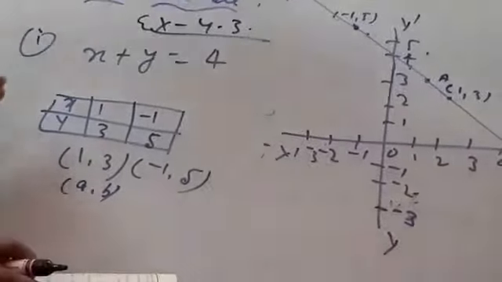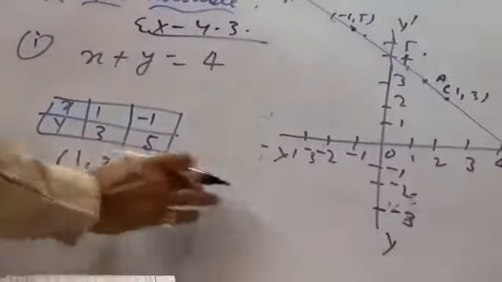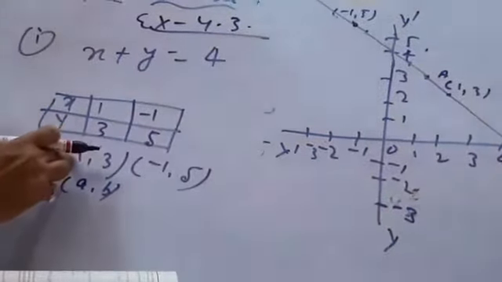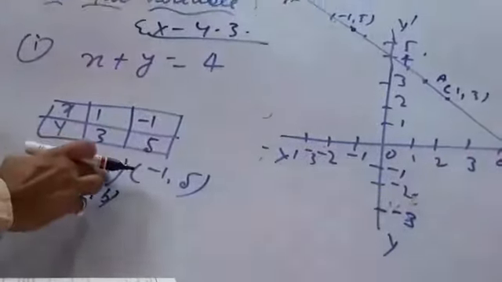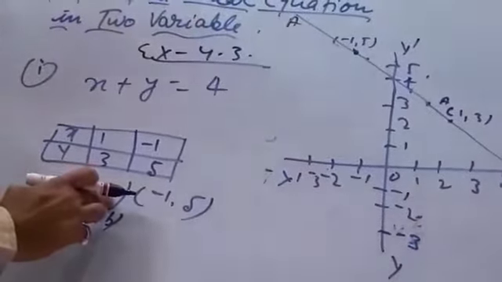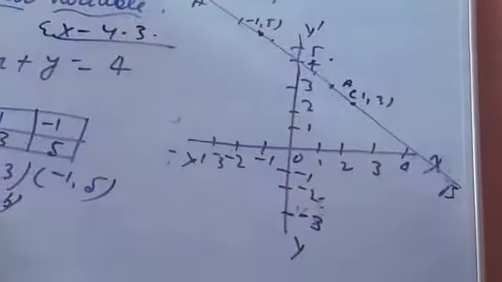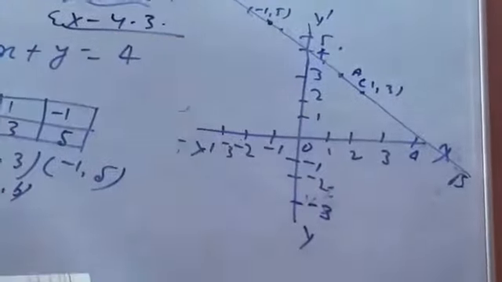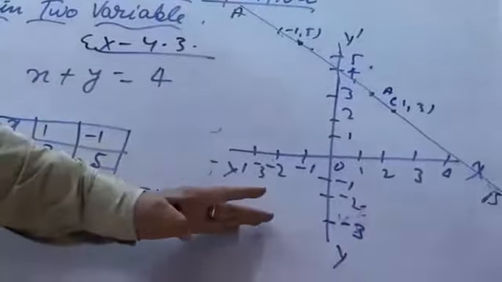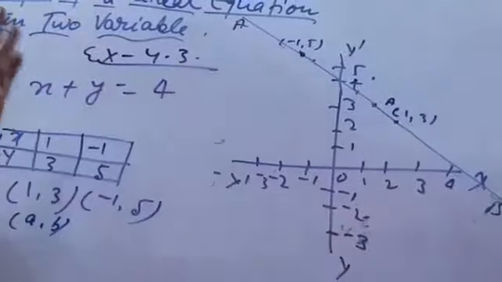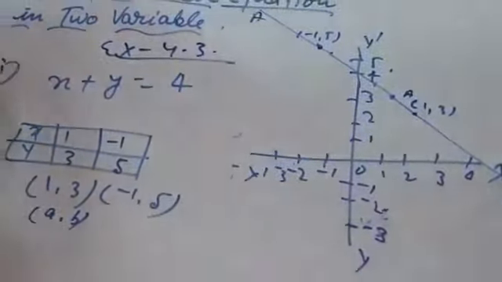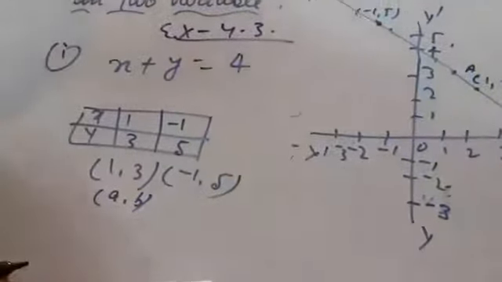Dear children, you need to understand that whenever we write in the bracket, the very first we write the number lying on the x-axis, and the other one is the number lying on the y-axis, and that's why this horizontal and vertical line is being taken, and that's why this graph is being taken. Don't worry, this is nothing different. This is the same that you dealt with very recently in the 3rd chapter.